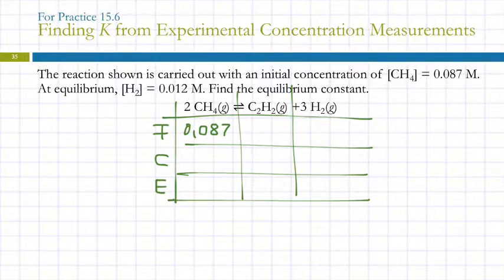When it doesn't specify the others, you just assume that they're 0. We're given an equilibrium concentration for the H2, 0.012. So the change for the hydrogen is that it went up 0.012.